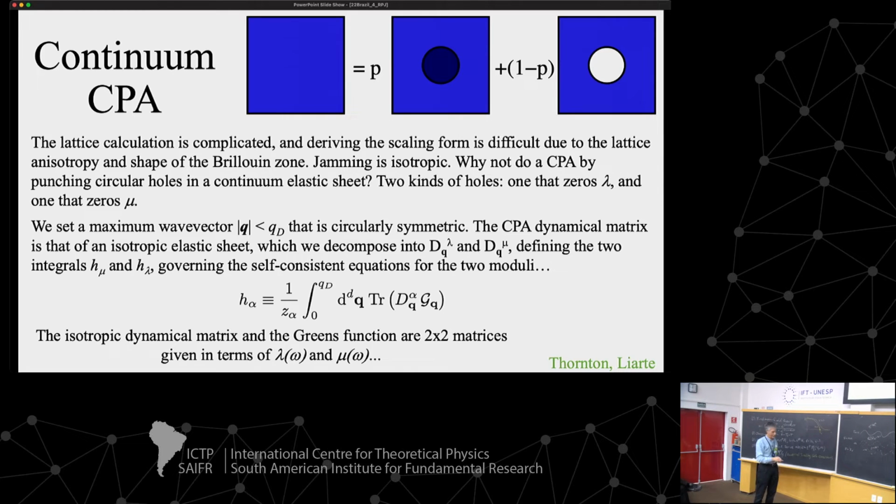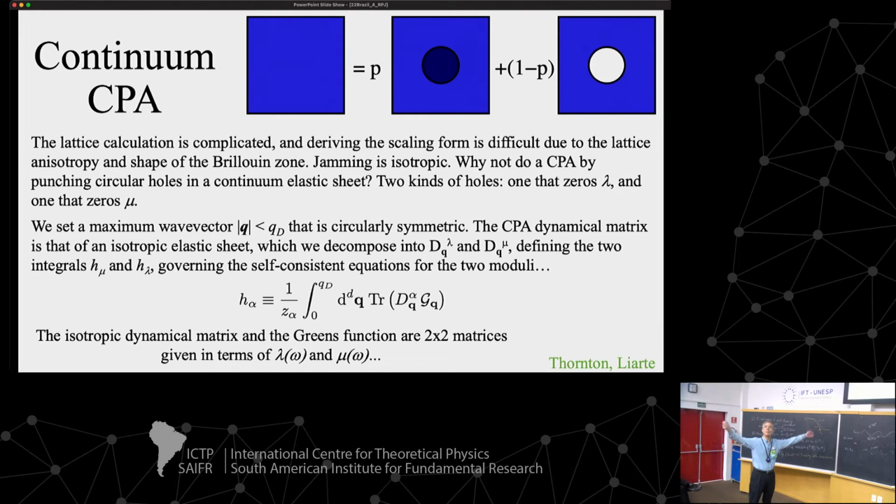And we finally said, there's no particular reason why we needed to start with a lattice. Let's pretend we were clever and could take an isotropic, weakened, frequency-dependent elastic material and treat it as P times a circular plug of rigid material plus 1 minus P times a circular hole.